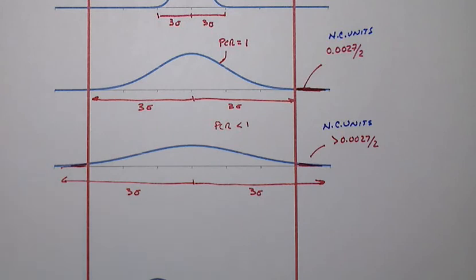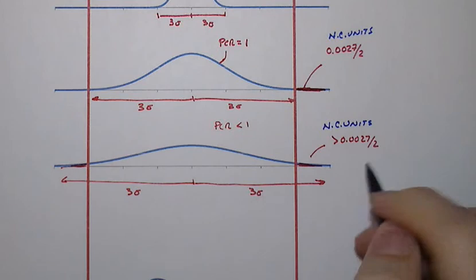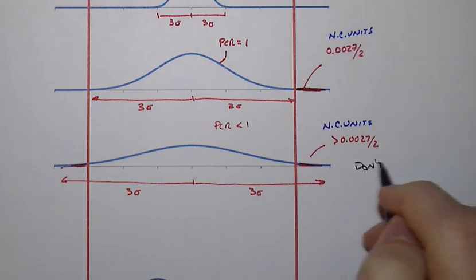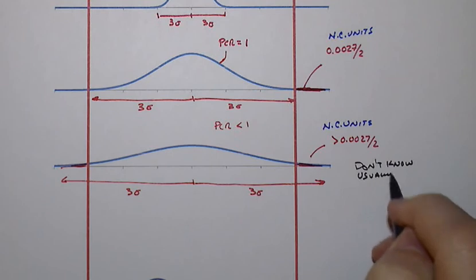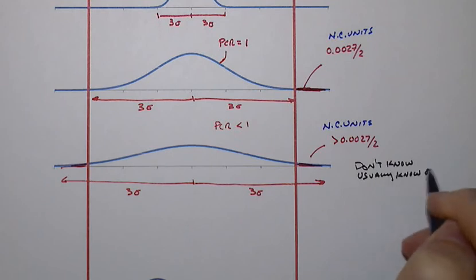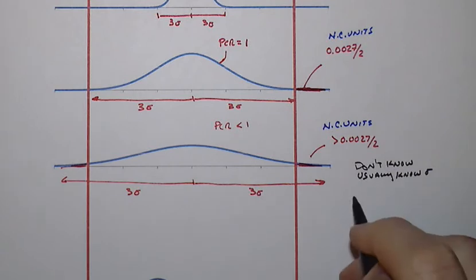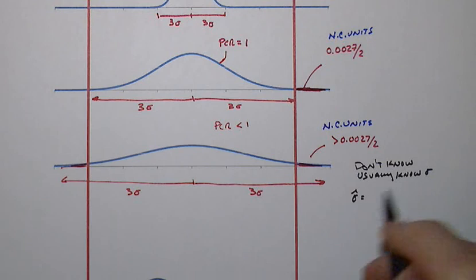Okay. Now, another part of this here is that we don't usually know our standard deviation in our real situations. Instead, we're estimating it through one of 2 approaches, and this is similar to what we talked about in the control charts.